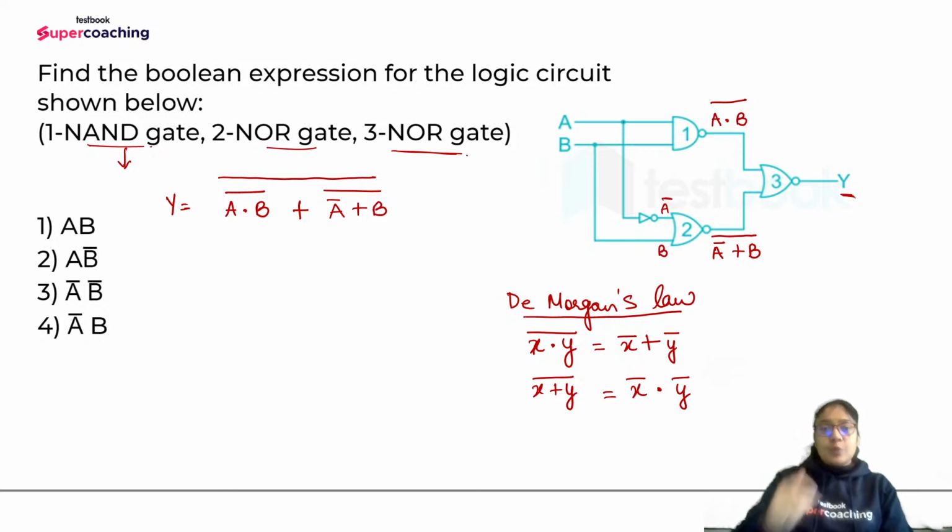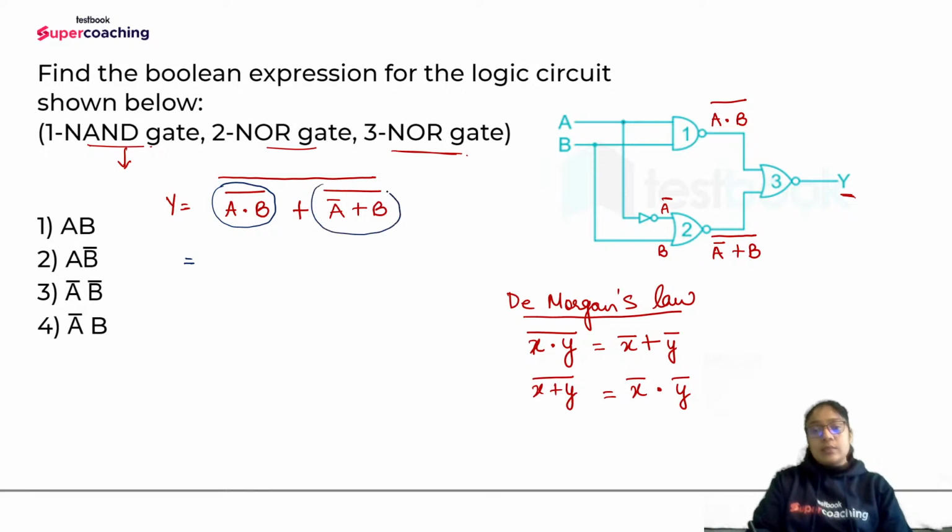Now apply this property on the expression that we are getting, because we have to minimize it. So it's the complement of, this is the first term, this is the second term. I'll be taking the complement of both the individual terms. First term, take its complement. Second term is A complement B plus complement. Second term's complement, and.